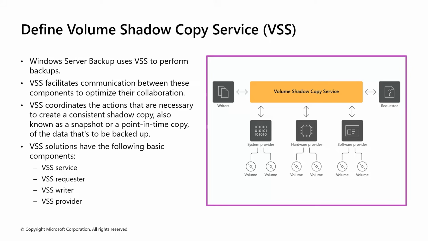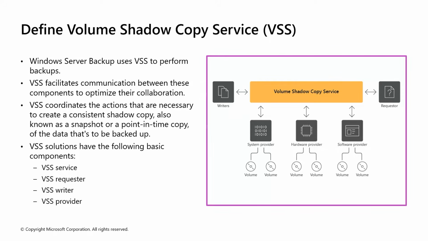Volume Shadow Copy Service, VSS, is a Windows feature that creates consistent snapshots or shadow copies of data for backup and restore purposes. VSS coordinates between the following components to ensure reliable backups. First, the VSS service.